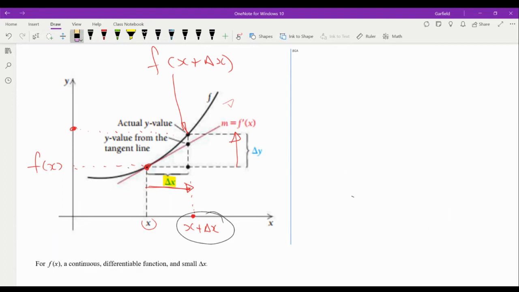Now we can see that this point over here on the left that we originally were doing is f of x plus delta x. Now, what would delta y be equal to in terms of the two y values on the left?